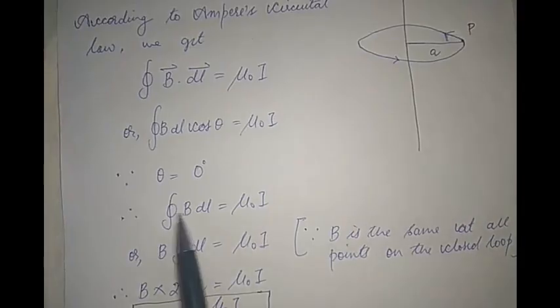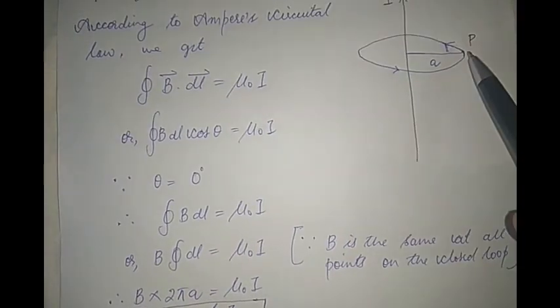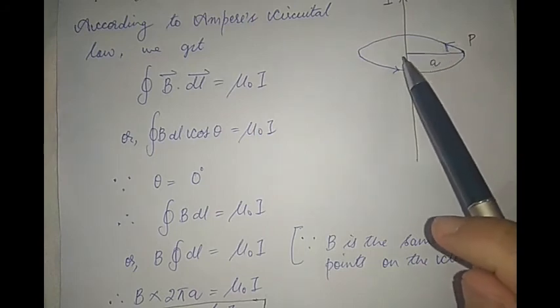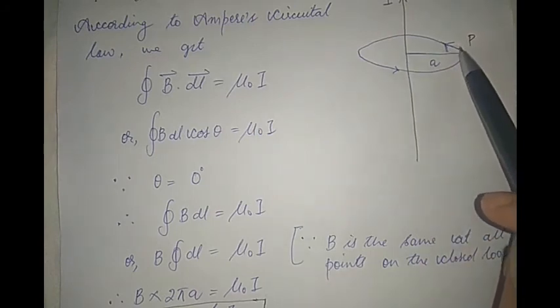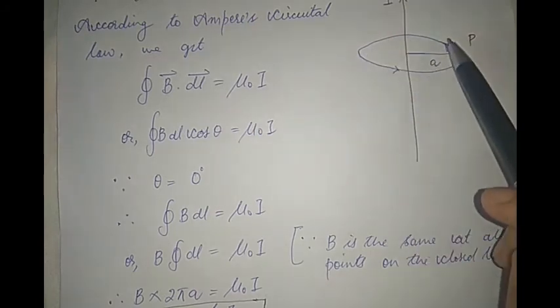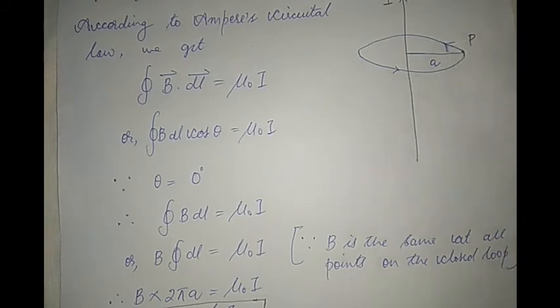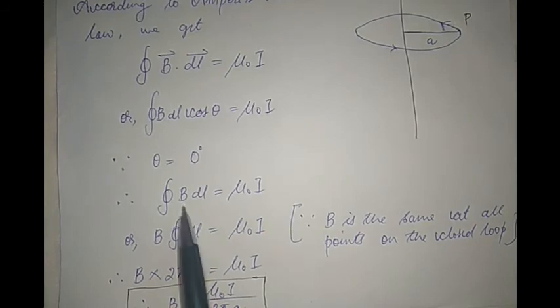Now B comes out of the integral. Why? Since all these points are equidistant from the wire, at all points on the circumference of the circular loop the magnetic field intensity will be the same. So, since B is a constant on this particular closed loop, B comes out of the integral.